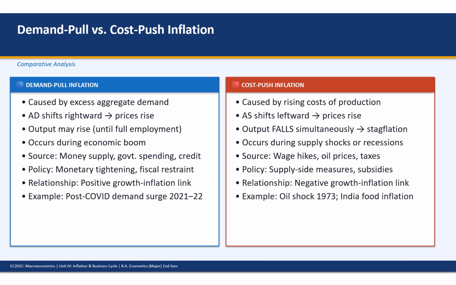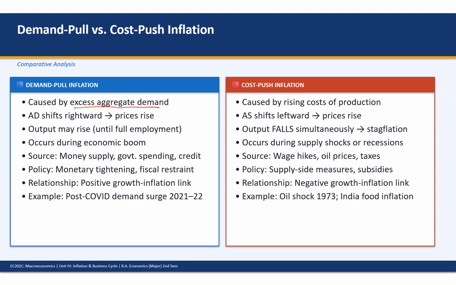Now let us do a comparative analysis of demand pull inflation and cost push inflation. It is very useful because it helps you to clearly distinguish the two theories in one place. Demand pull inflation is caused by excess aggregate demand.